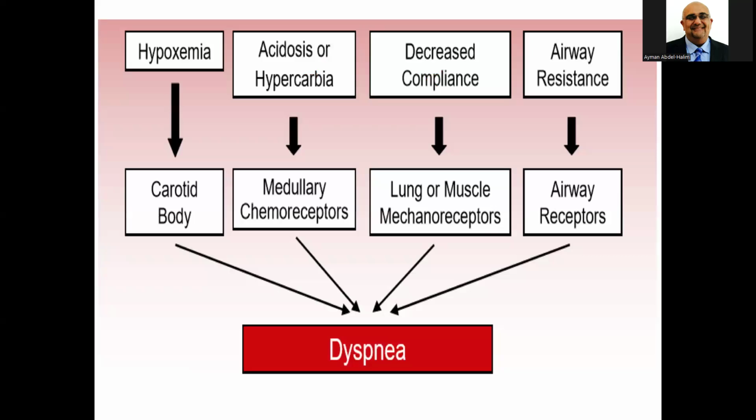All of these can lead to dyspnea, hypoxemia, acidosis, decreased lung compliance, airway resistance. All of these will lead to triggering of the respiratory center located in the medulla and the pons, leading to dyspnea.